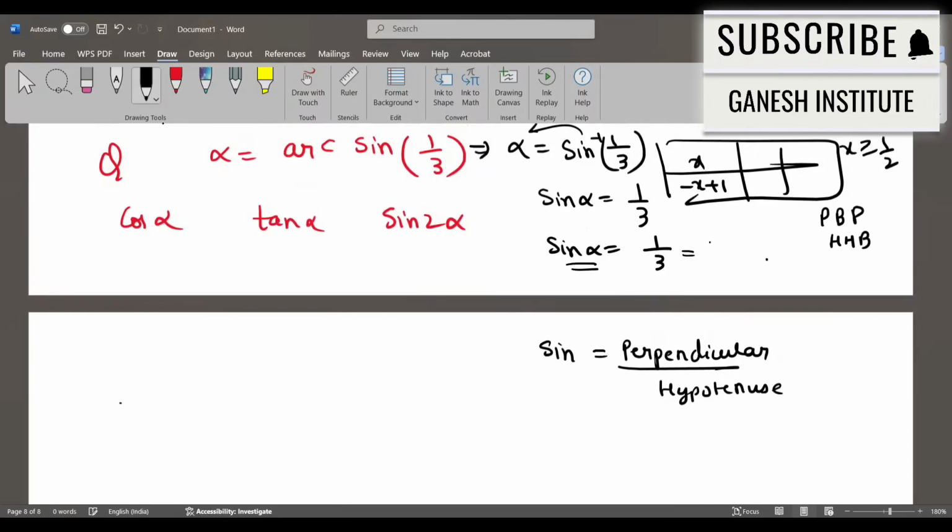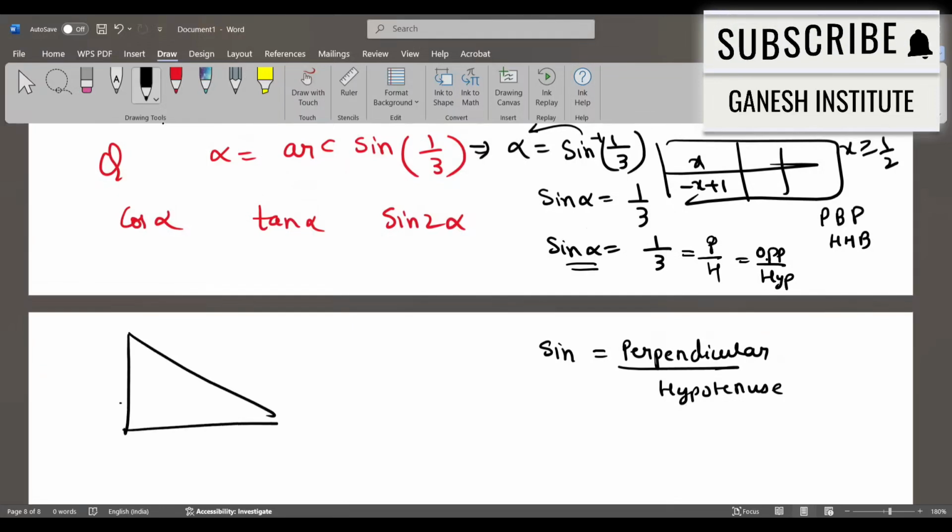Okay, so you remember that. Sine alpha is perpendicular upon hypotenuse, that is opposite upon hypotenuse, right? Yeah. So once you get that, draw a triangle, consider anything as alpha, I mean, an angle other than 90. Opposite, perpendicular is 1.